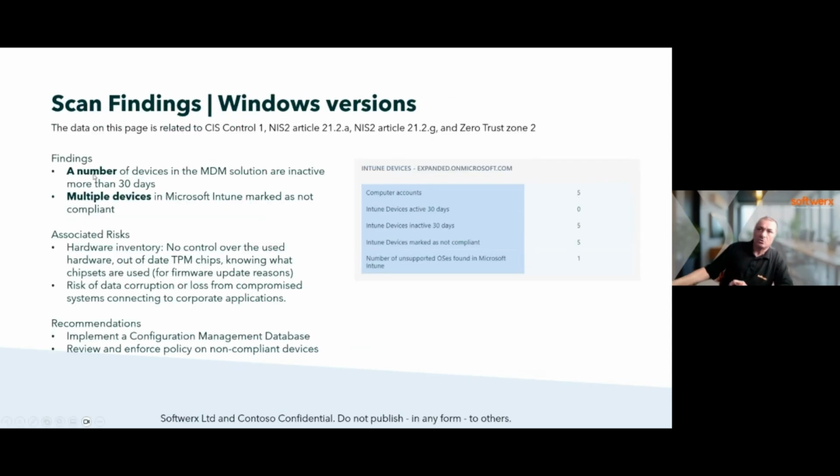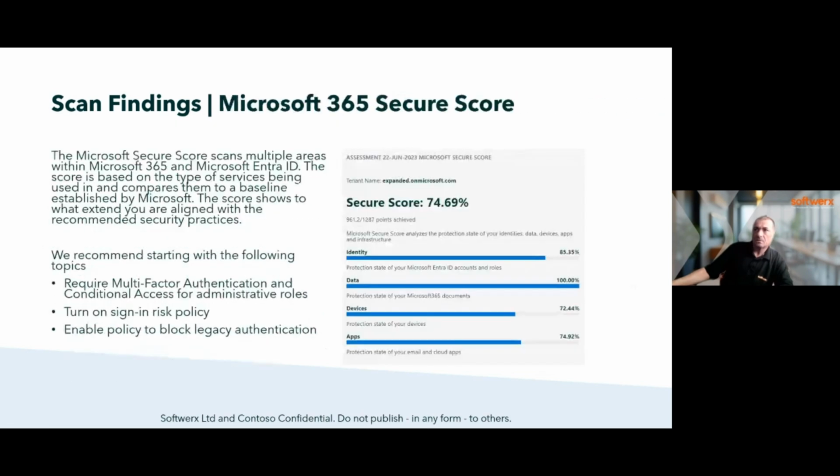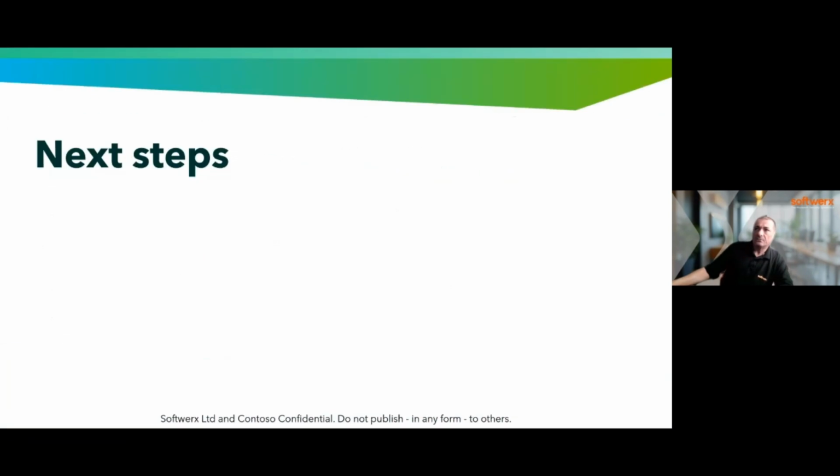And then we'll look at the scan findings. With the scan findings, we'll show you the findings, the associated risks, and also the recommendations of how to tackle those risks. And then finally, we'll look at some next steps.